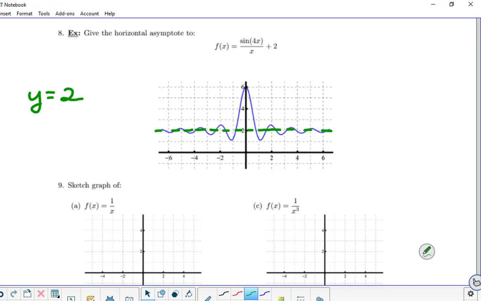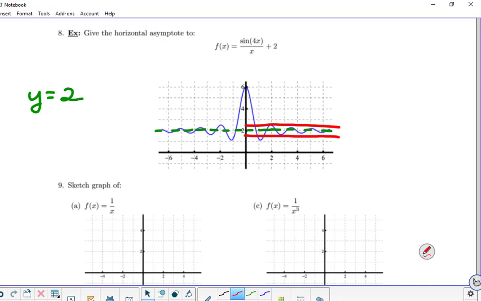Notice that eventually, pick any window, and this gives us an insight to where we're going to go in section 2.7, pick any window around that horizontal asymptote, and although initially not all y values are in that window, eventually the graph is completely inside that window.